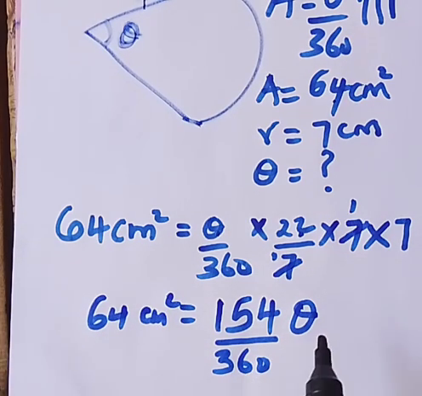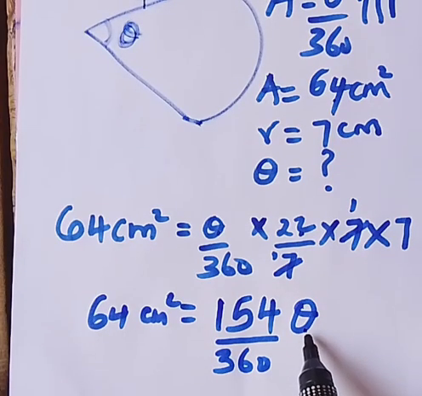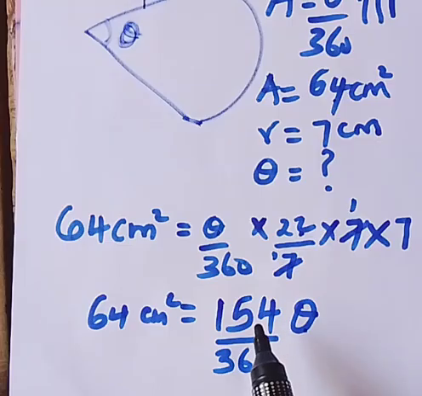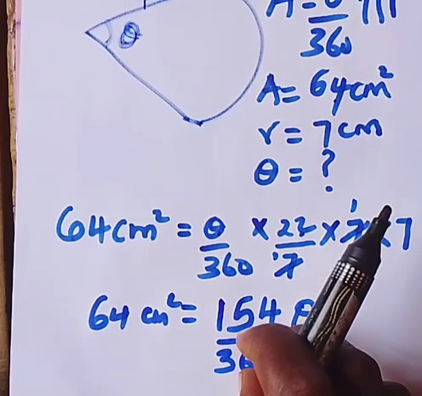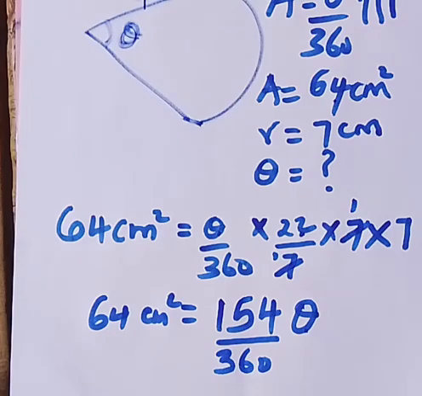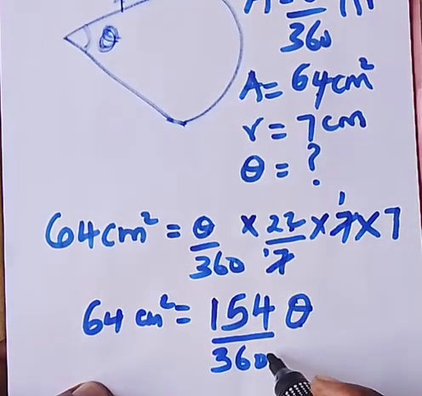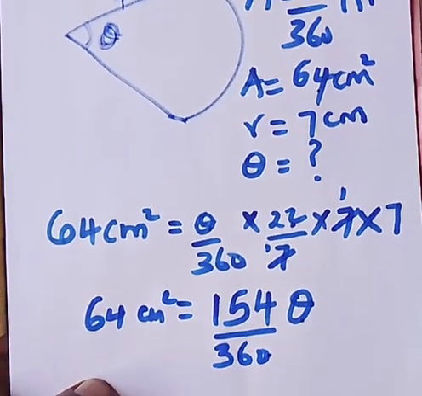Now look at this. If you have this kind of scenario, you just need to remain with the theta here. So you multiply by the reciprocal of the coefficient of theta. The coefficient of theta is 154 over 360. So you multiply by the reciprocal of 154 over 360 on both sides, on this side and on the other side of the equal sign. The reciprocal of 154 over 360 is what? You just interchange the numerator with the denominator.